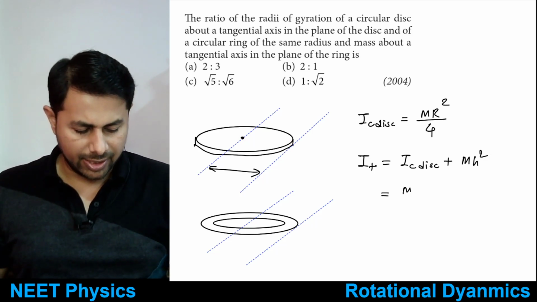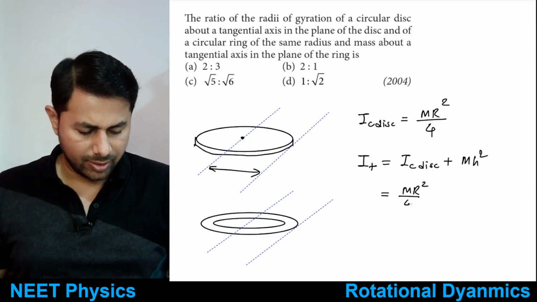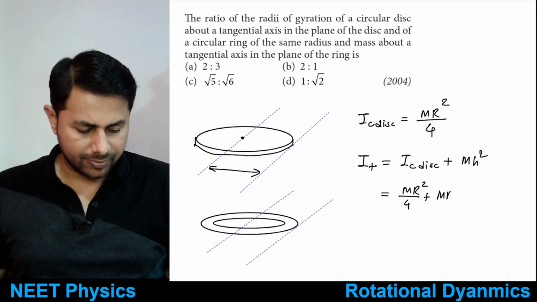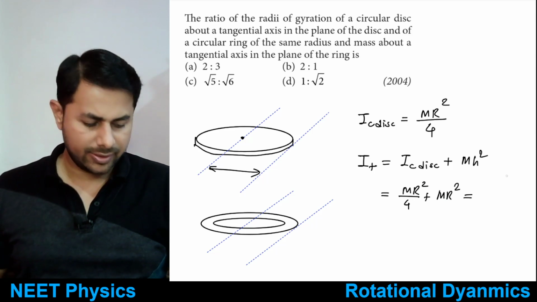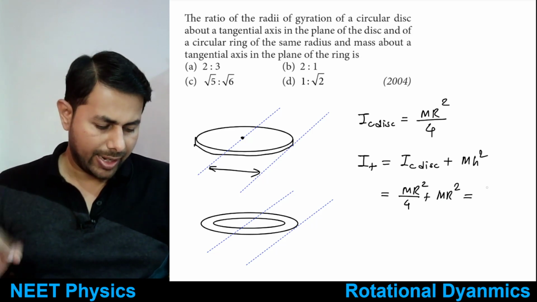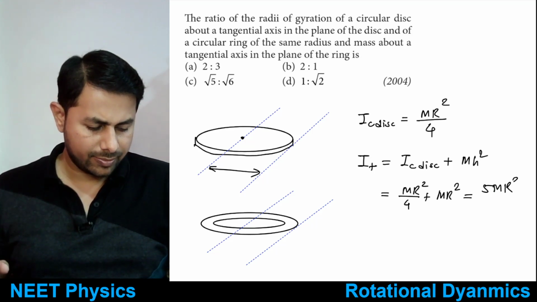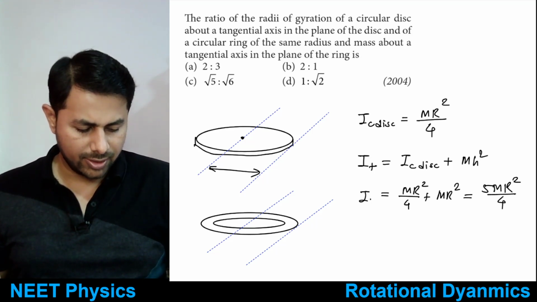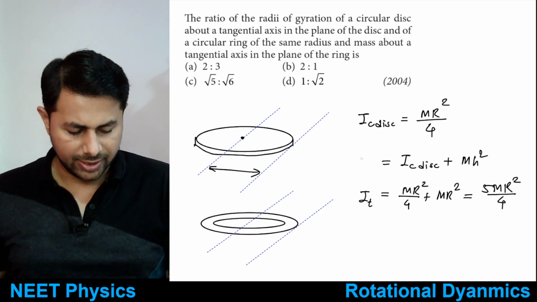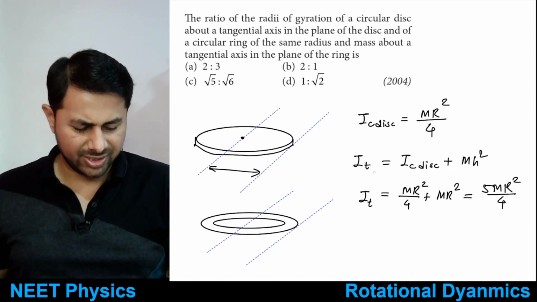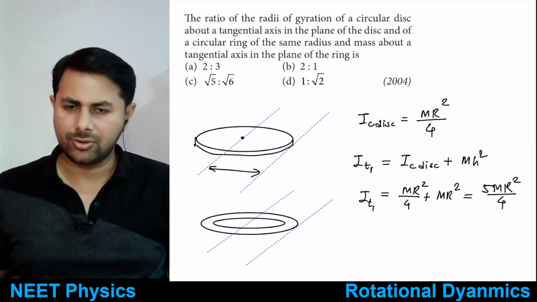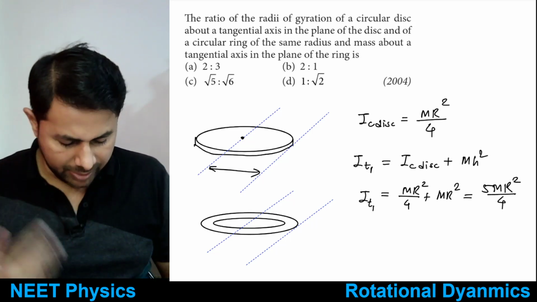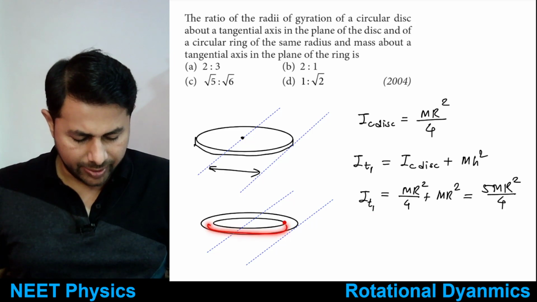Okay, so mr square by 4 plus mr square, and that is 5 mr square by 4. This is IT for the disk, or let's just call them 1 and 2. So IT1. Similarly, what would be IT for the ring?